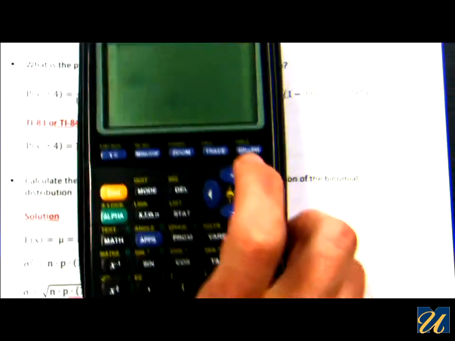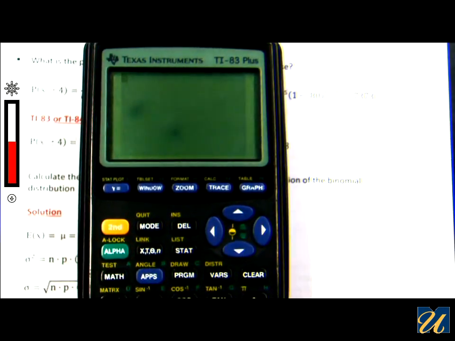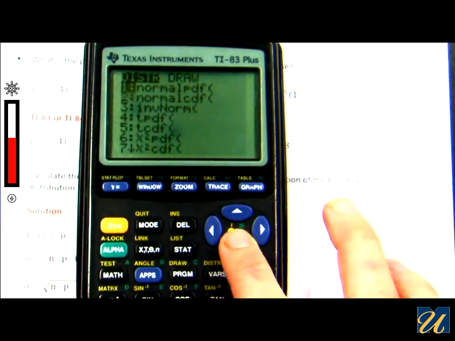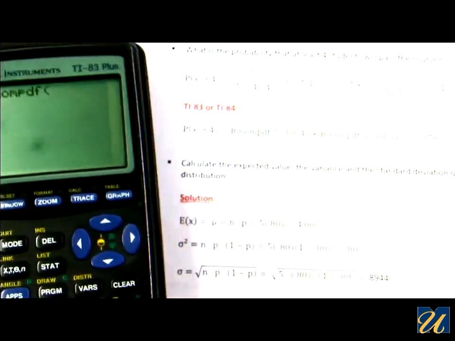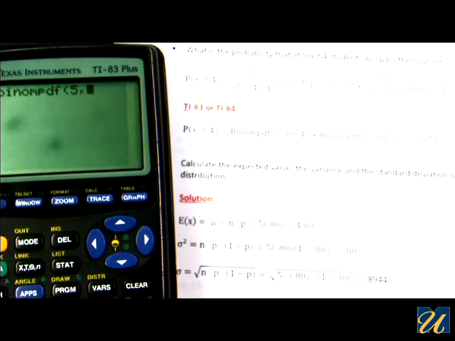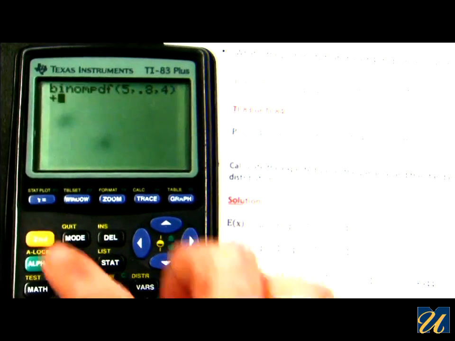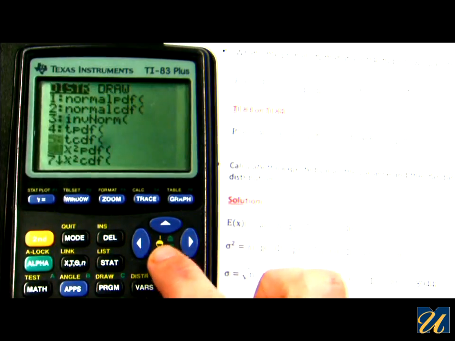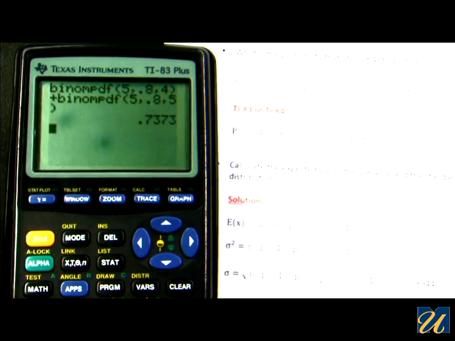So we would go to second, vars, once again, binomial PDF, enter: 5, 0.8, 4, close parentheses, plus second, vars, binomial PDF, 5, 0.8, x now is 5, close parentheses, and enter. 0.7373.